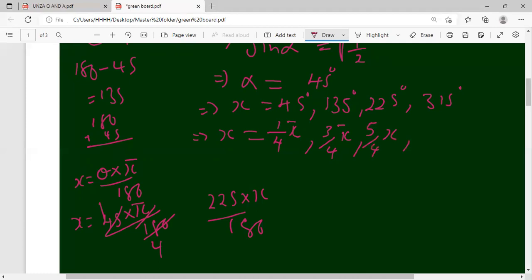Then the last one, you're going to get 7 over 4 pi. These are the possible answers.